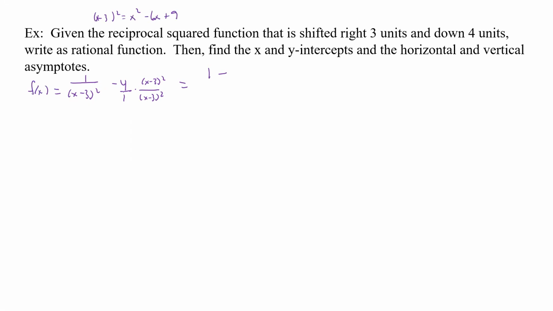So negative 4 times that is negative 4x squared plus 24x minus 36, all over, and now we still have our (x minus 3) squared.